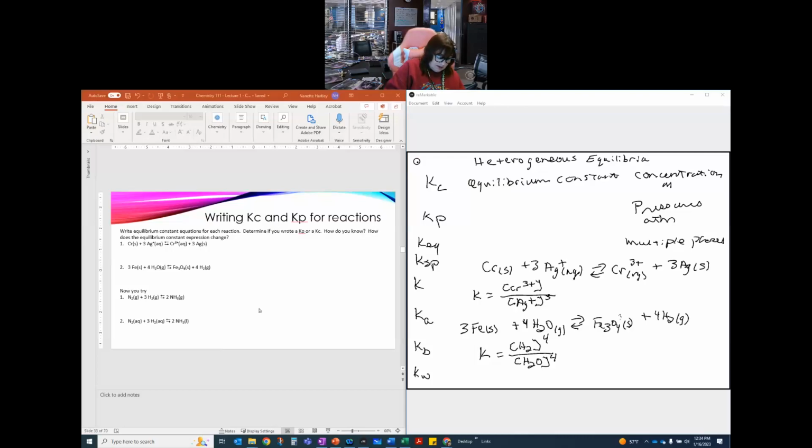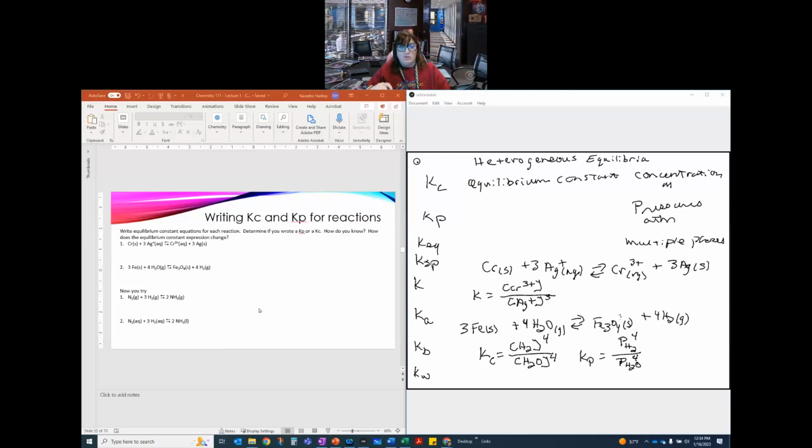Okay? Now, I wrote this as concentrations. So this one is a Kc. But since these are both gases, the other thing I could do is to write this as the pressure of H2 over the pressure of H2O, to the fourth power, and we would call that a Kp.